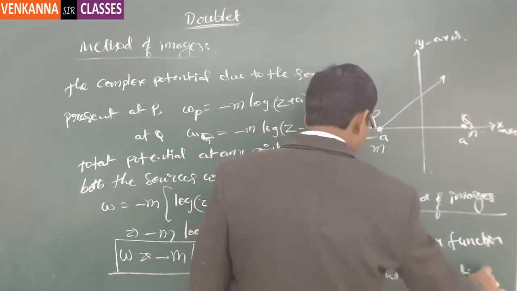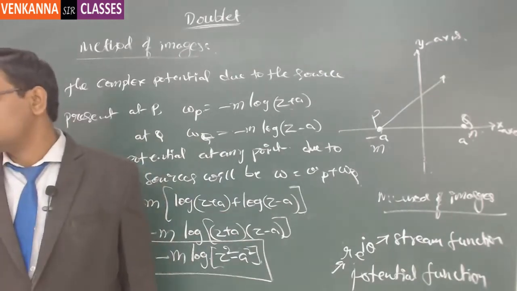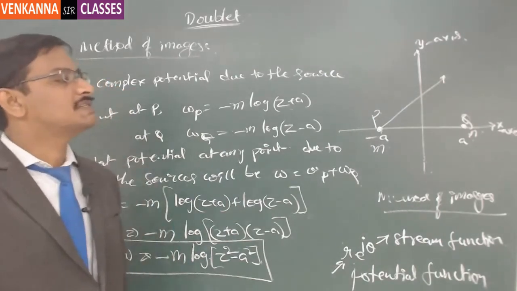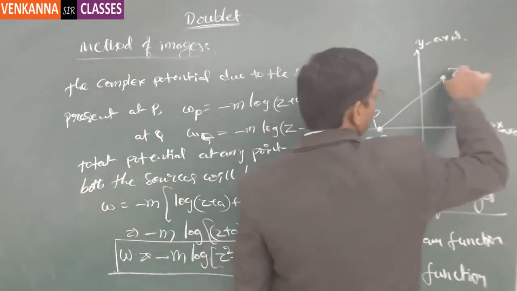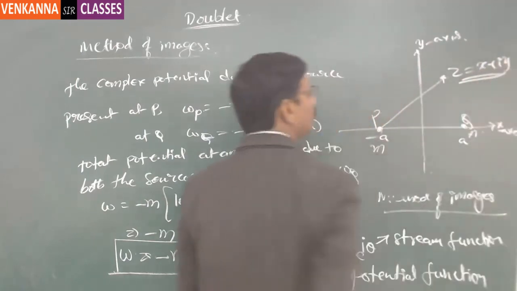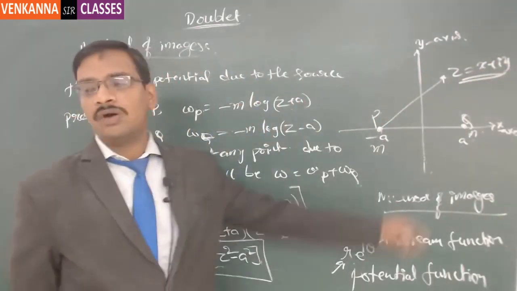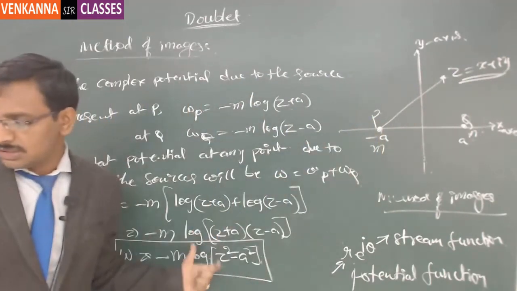So this is the methodology that is adopted whatever the number of sources or sinks present. Now at any instant, let us say this is the location of z equal to x plus iy. Then at this location, if you want to find out the stream function and the scalar potential value there, this is the methodology you are going to use.